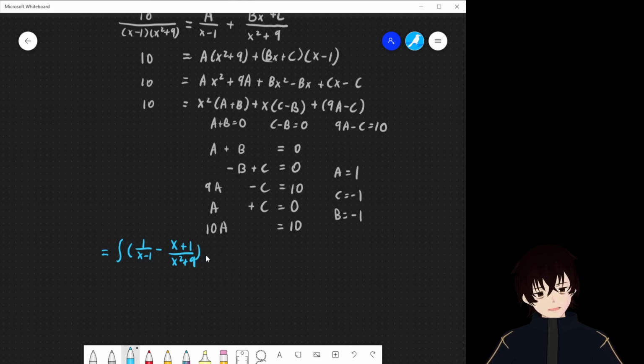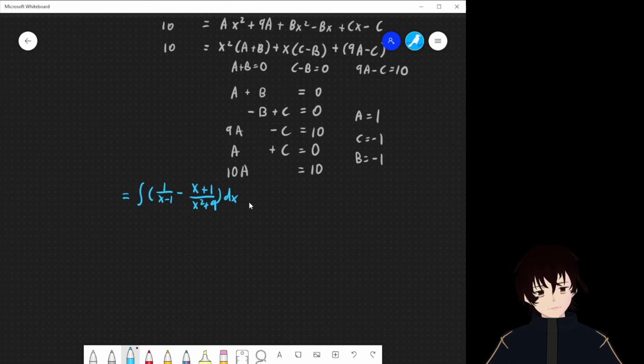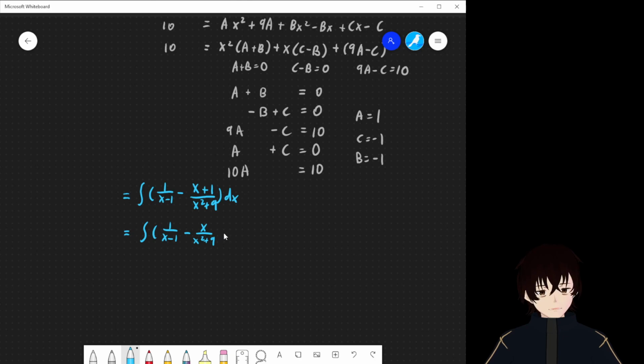Actually, let's leave that in. I'll write it in a new line. This is equal to the integral of 1 over x minus 1, minus x over x squared plus 9, minus 1 over x squared plus 9 dx.